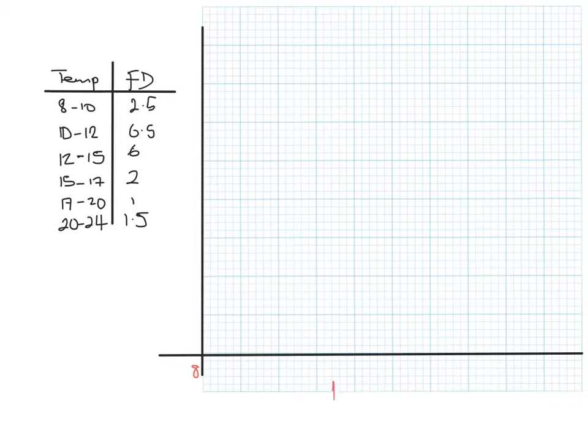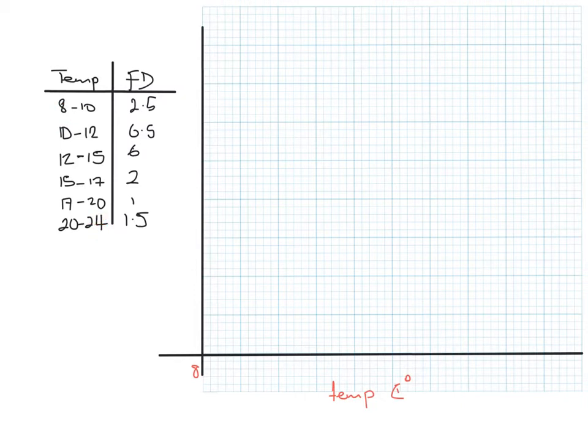So this is going to be where my temperature goes, temperature in degrees Celsius. I probably should have it the other way around, so let's sort that out. So temperature, degrees Celsius, and as you can see, my temperature goes from 8 all the way to 24.